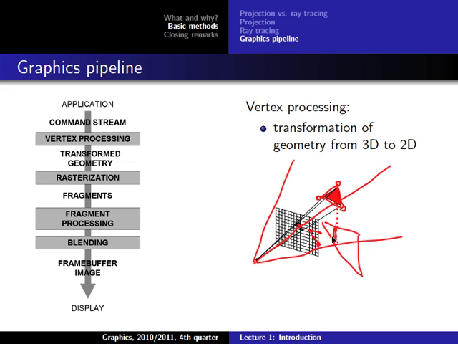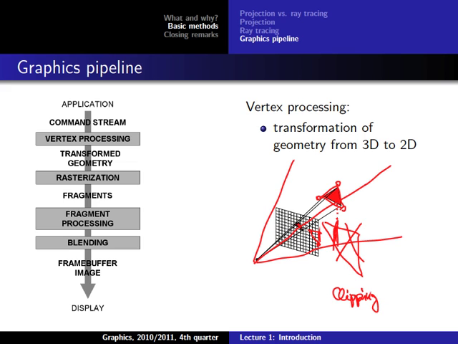And this is done in a process called clipping. So this is basically cutting off this part and creating this new triangle that is then projected here correctly, so it looks correctly on the screen.